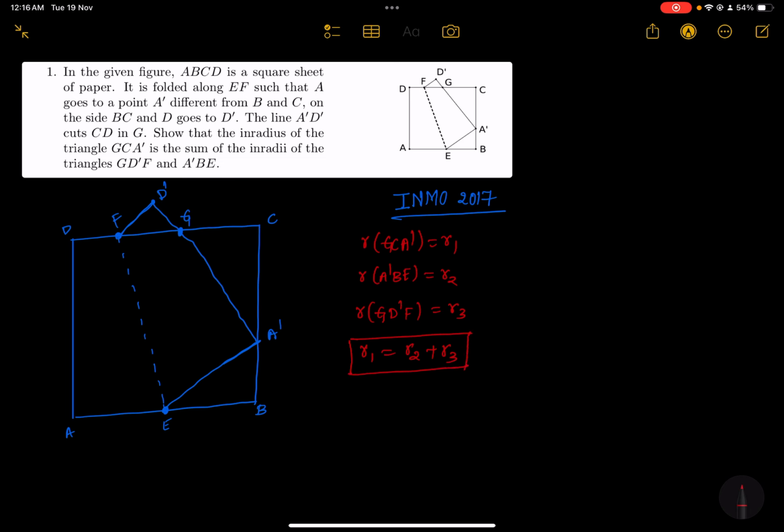At this point, the question might look difficult to solve because of the terminology used and the lot of information provided, but it is a pretty simple problem with a little bit of angle chasing and a minute algebraic manipulation. This is too easy a problem for a test like INMO.